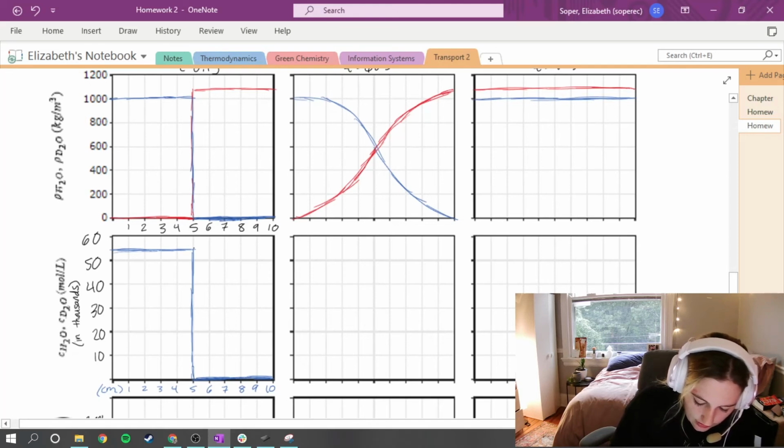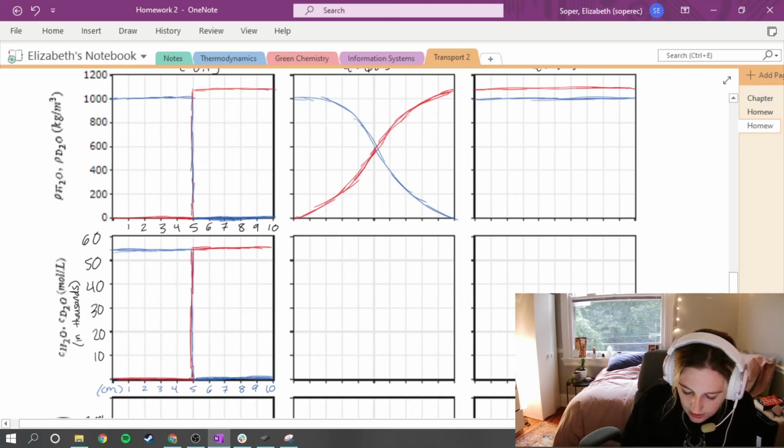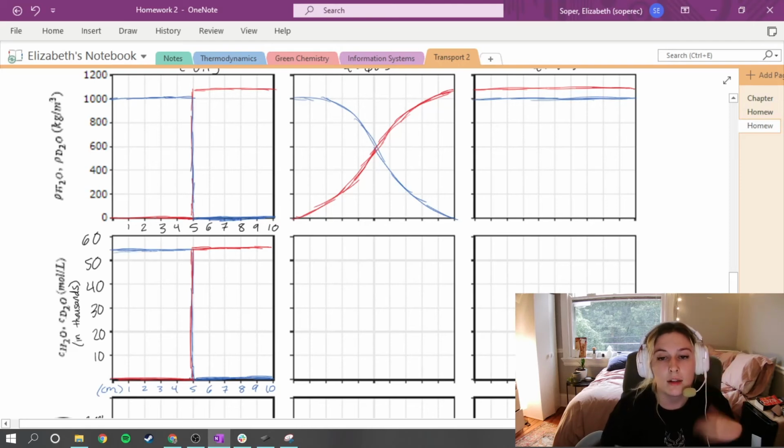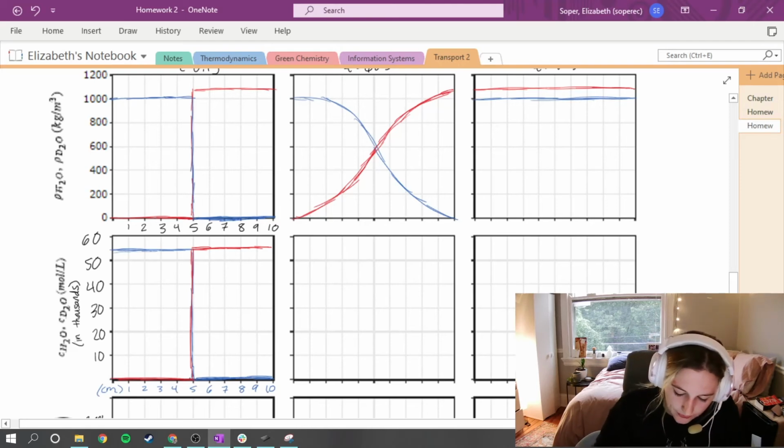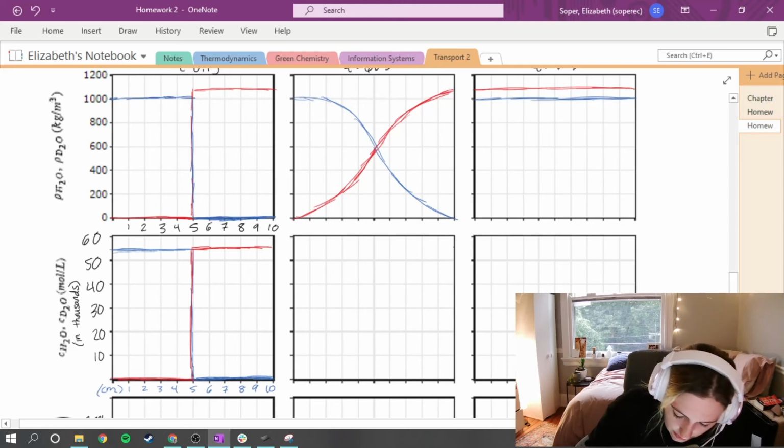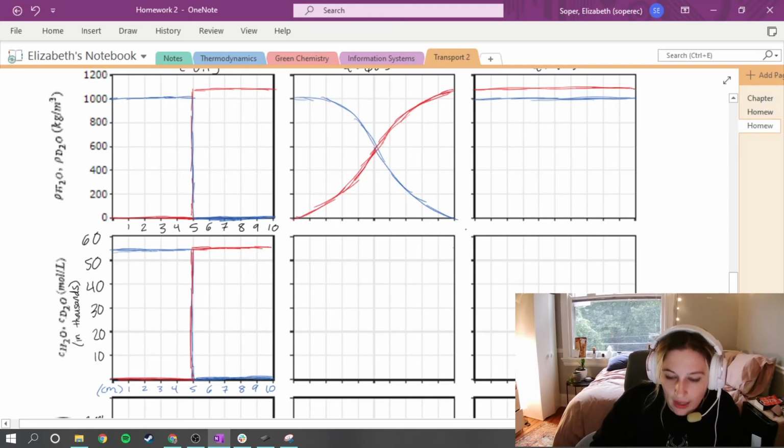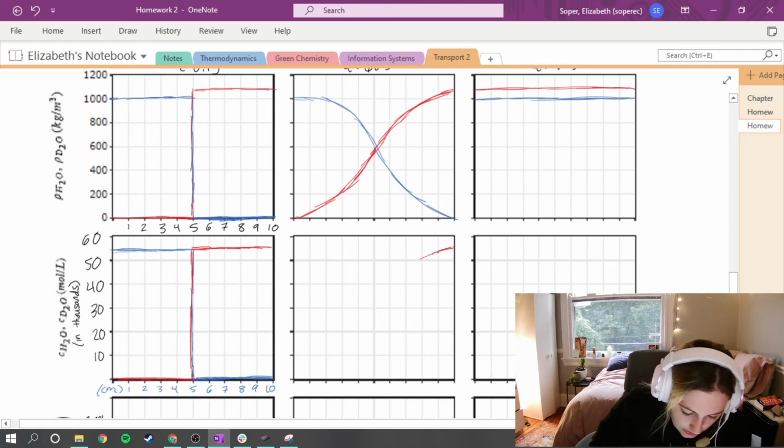And then the molar concentration of the D2O is going to be all on the right side, and there's going to be none on the left side, just as stated in the problem. And then again, it's going to do the same thing as the mass concentration.